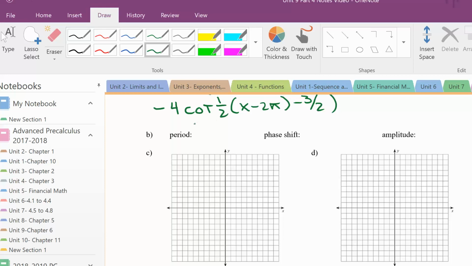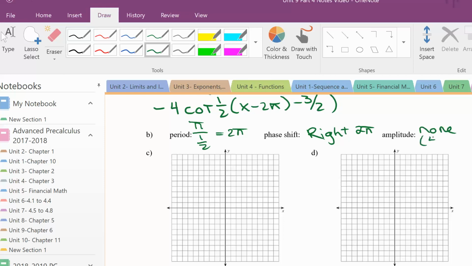The period is pi over 1/2, so it's equal to 2 pi. The phase shift is to the right 2 pi. And the amplitude, there is none.